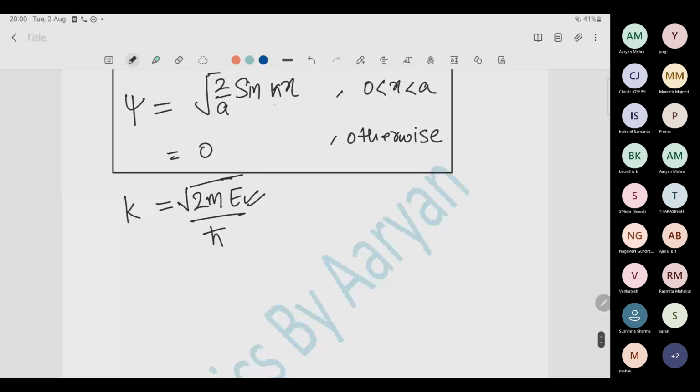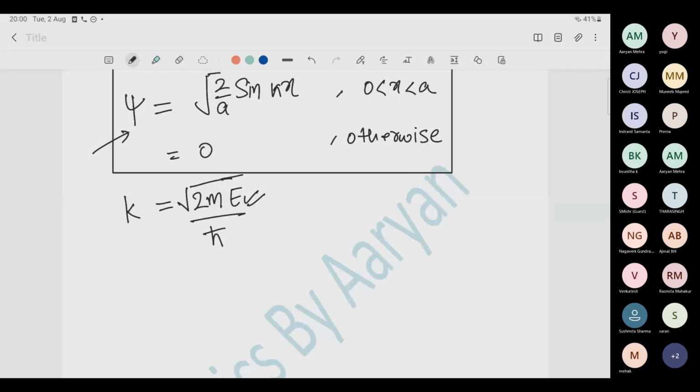We know k in terms of energy, but we don't know what possible values of energy our system can have. But that was the actual motive: we wanted to find the possible values of energy.